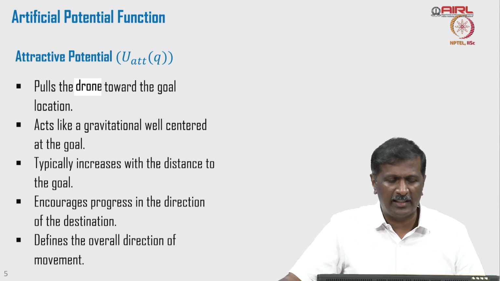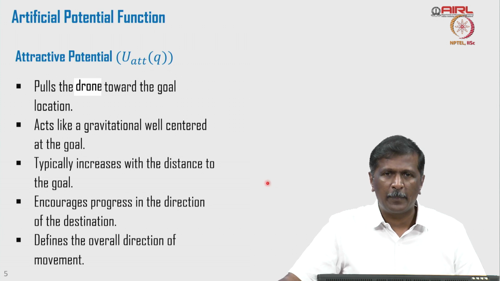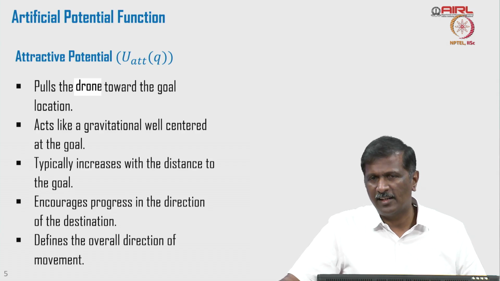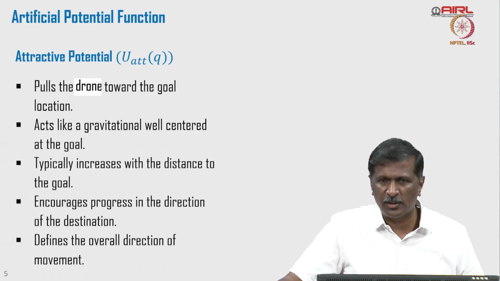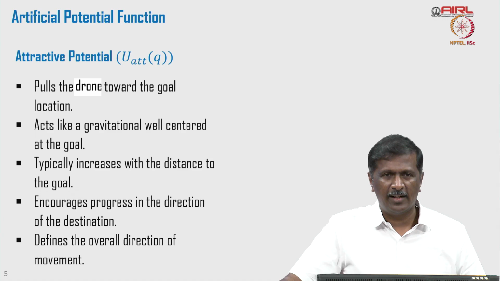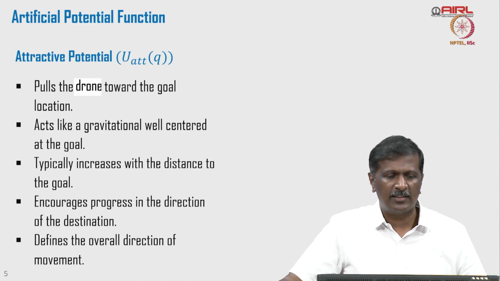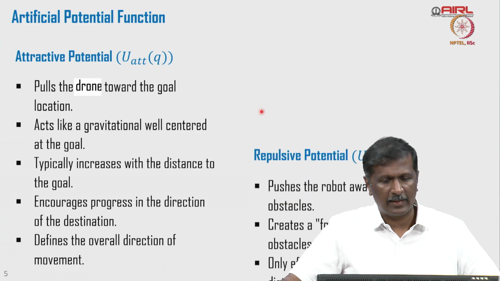It typically increases with the distance to the goal. It encourages progress in the direction of the destination. It pulls towards the destination. It defines the overall direction of the movement. The attractive potential does that.